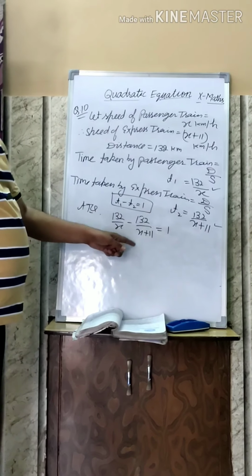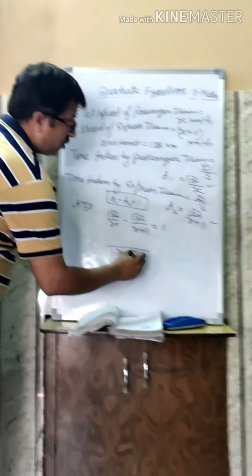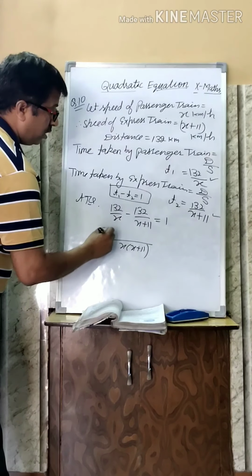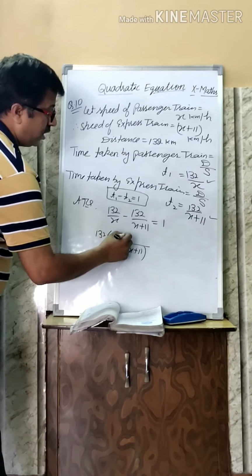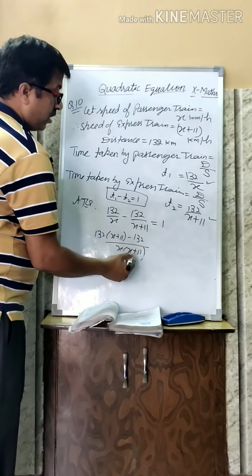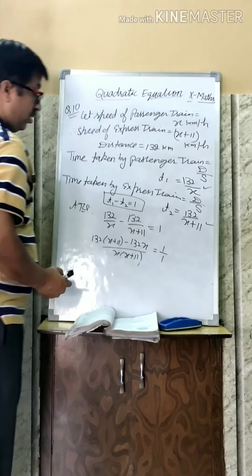It should be correct. So now you take the LCM, x into x plus 11. x cancel, 132 into x plus 11 minus 132 x, plus 11 cancel. 132 into 11 is equal to 1 by 1.